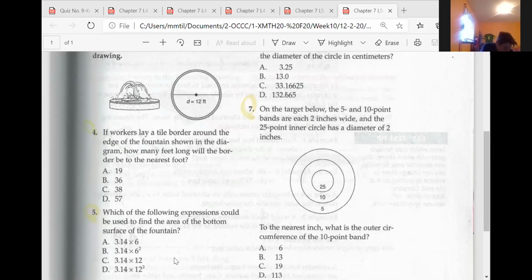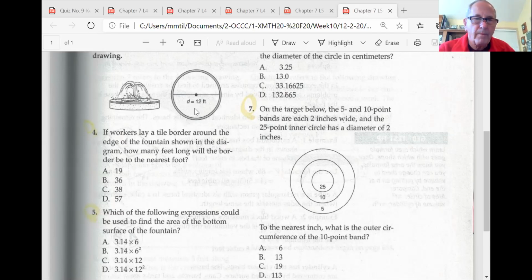That would be pi r, 12. Let me use my calculator. What would you do in that one? But first of all, look at what you're going to plug in.